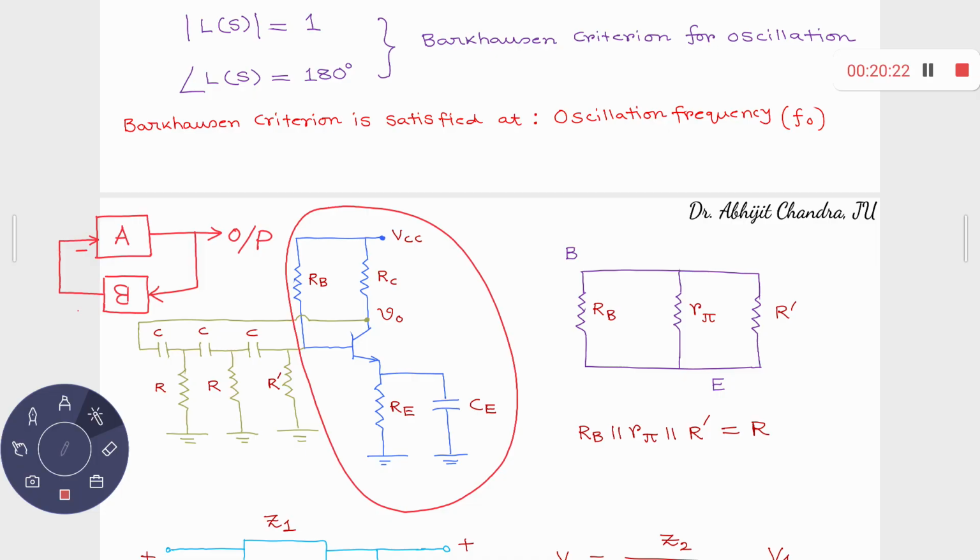Take a look at this one. This is the amplifier, right? This is the output node of the amplifier, the collector terminal. This part is your back network, CR test, right?